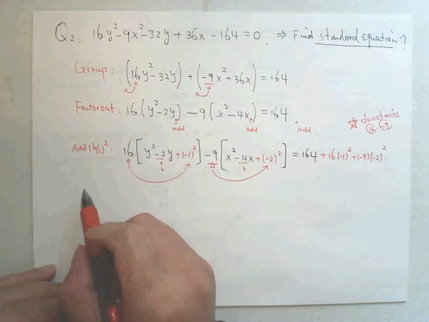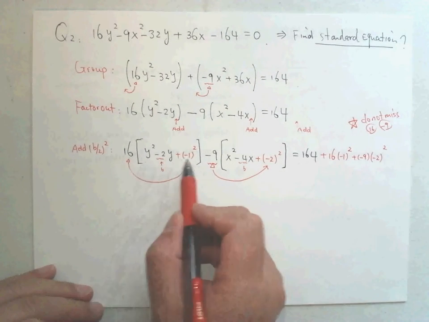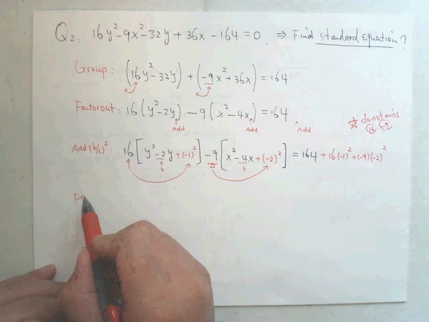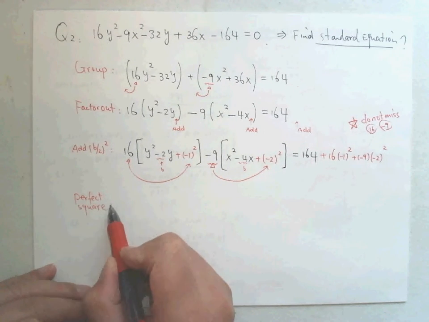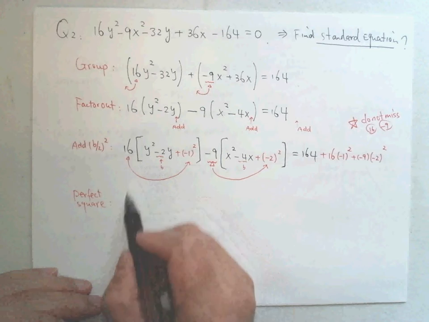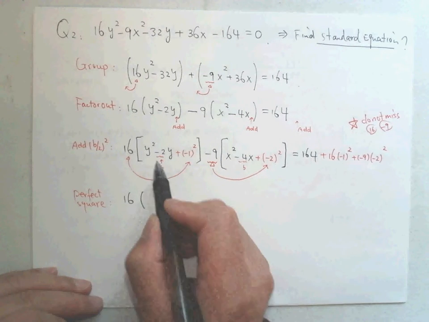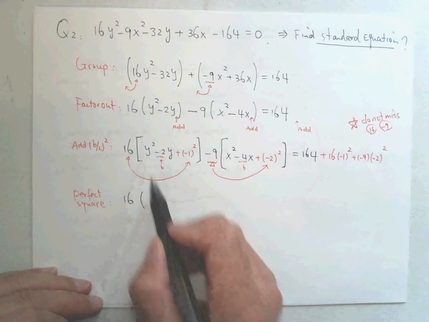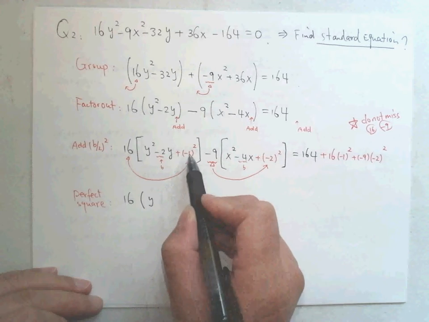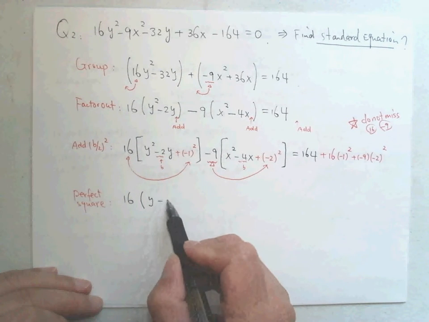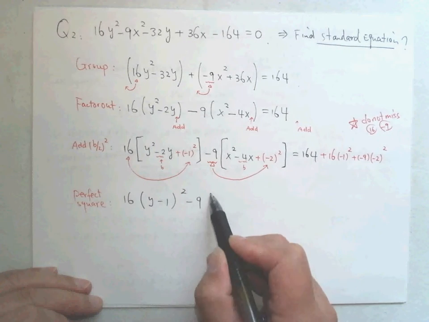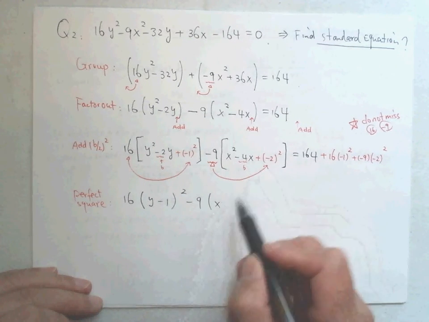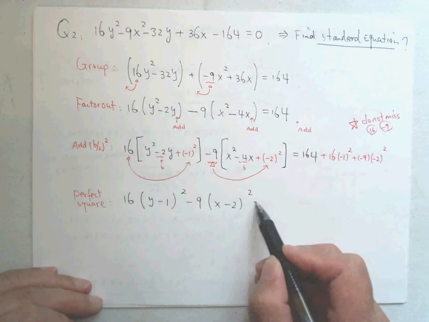The next step, of course, is simplify. So this is a perfect square already. We make a perfect square. This time it is 16 times the perfect square: a is y, b is negative 1, so y minus 1 squared. And the same, minus 9 times parenthesis x minus 2 squared.